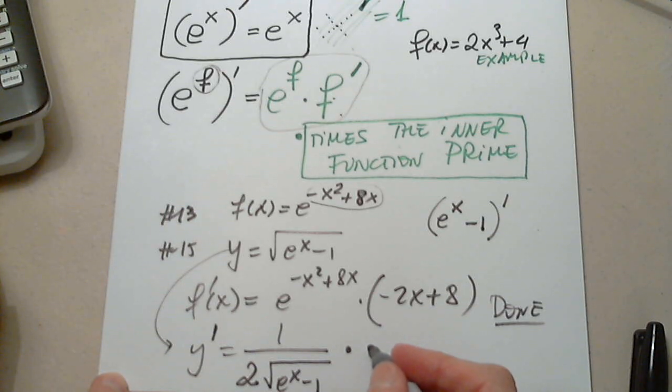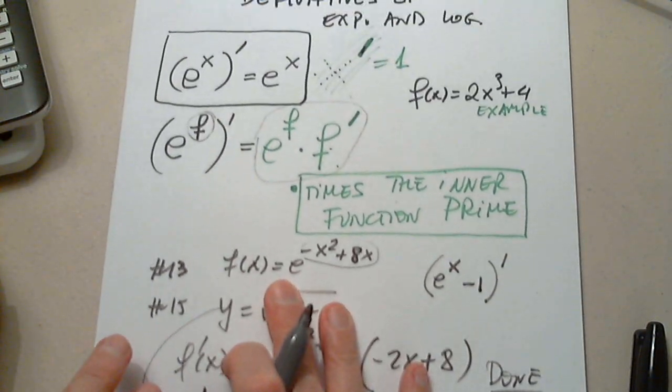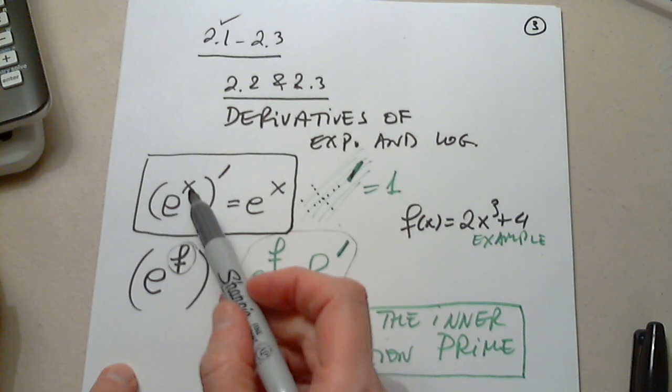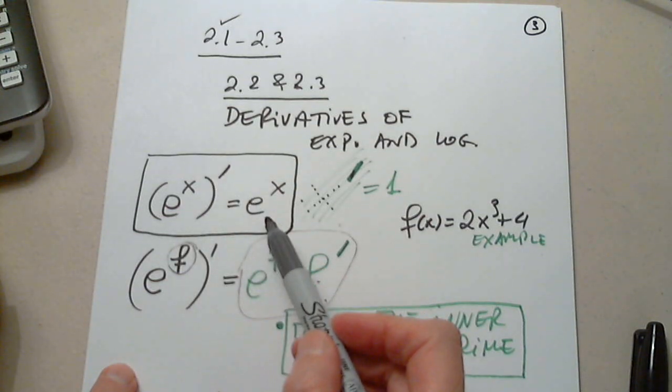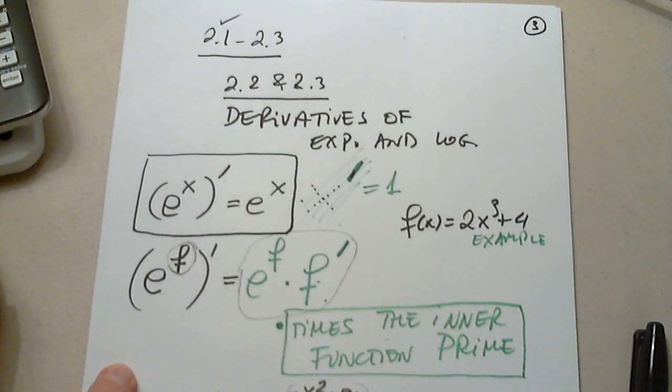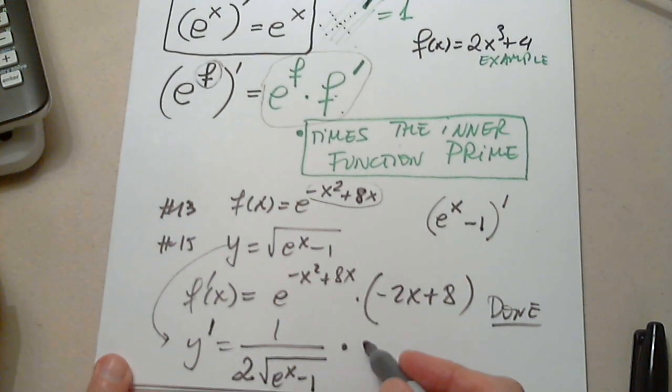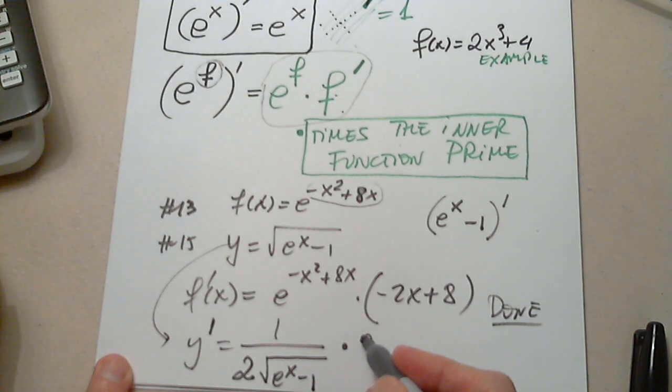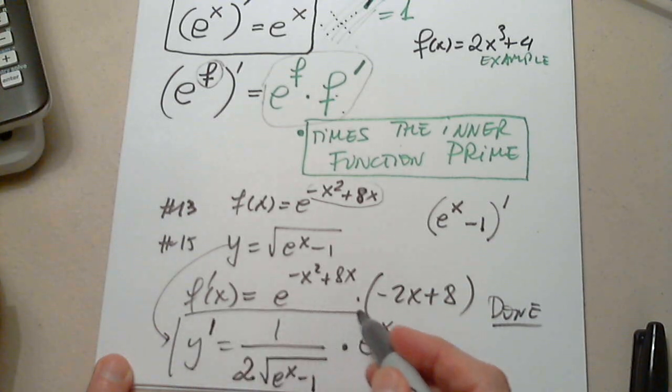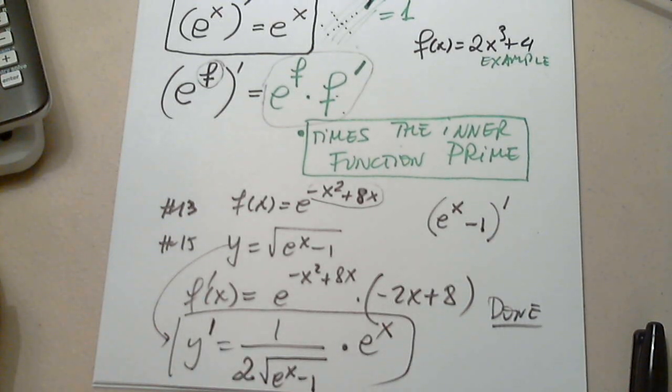Let's go back. E to the x prime is the easiest function on the planet to work with. Wouldn't it just be e to the x? That's it. Done. Thank you. Nothing else comes, the inner function prime, which is e to the x.